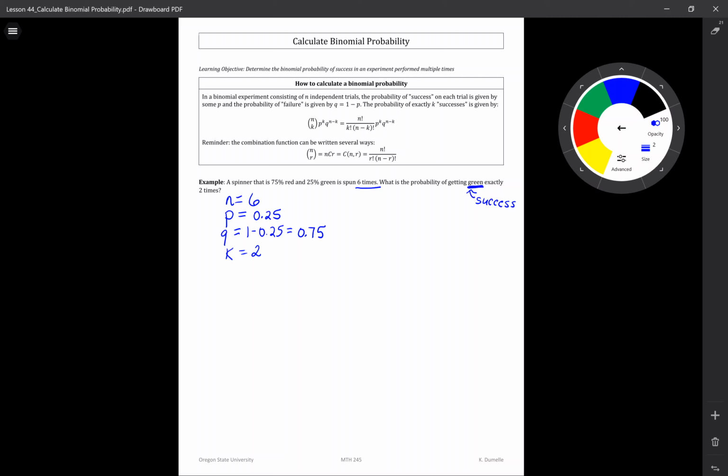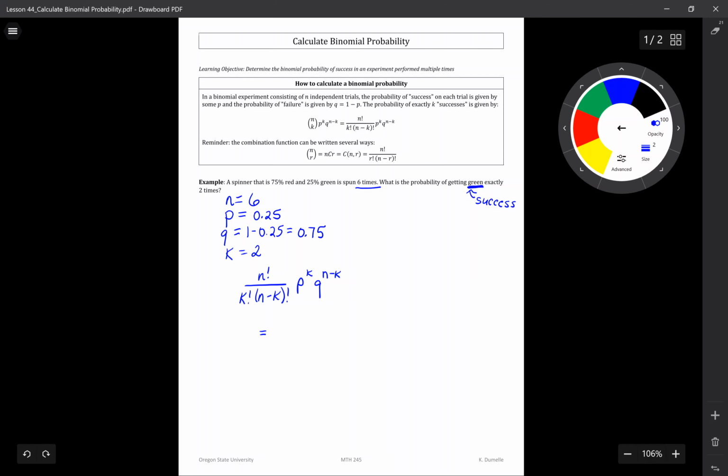So according to this formula, the probability of getting 2 greens is given by n factorial over k factorial n minus k factorial. Remember, this is how many different ways there are to choose 2 from 6, times p to the power of k times q to the power of n minus k. All right, let's plug our numbers in and see what this looks like.